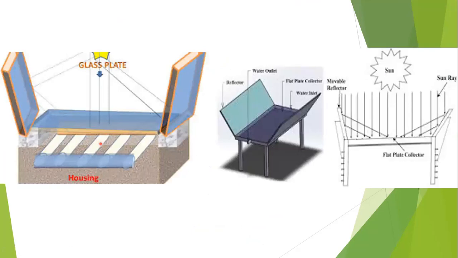What we are seeing in the slide is a flat plate mirror collector. This is a non-focusing type because all the radiation is not focused onto the absorber plate. In this last figure, it is non-focusing type. All the solar radiation is not concentrated onto a focus point.